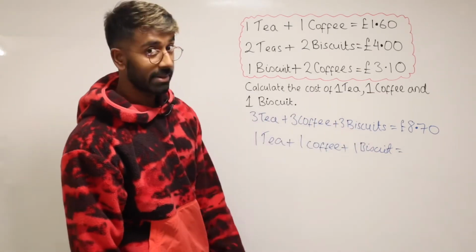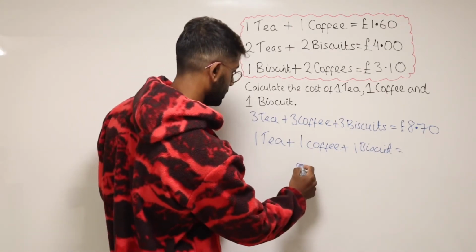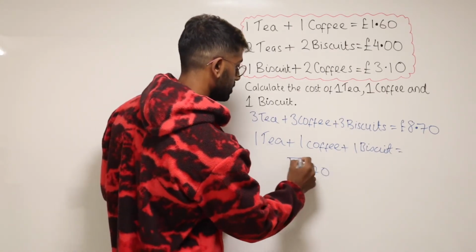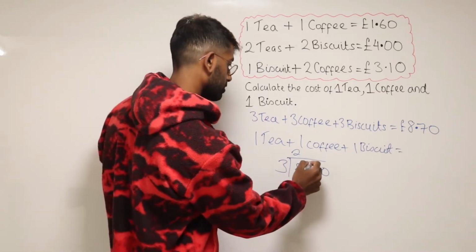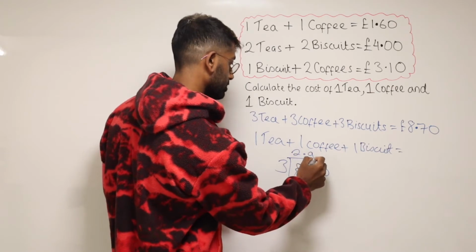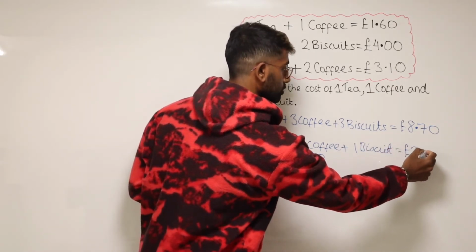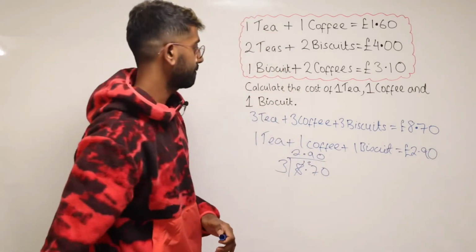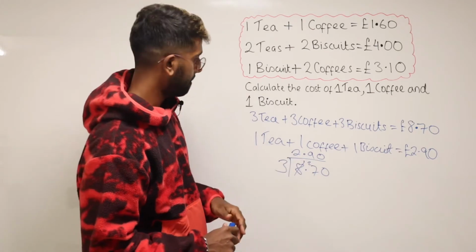So all we need to do is take £8.70 and divide that by 3. So let's do that over here. £8.70 divided by 3. So into there twice with a remainder of 2. That's 9 and then 0 in the end. So that comes out as £2.90 for a tea, a coffee, and a biscuit.